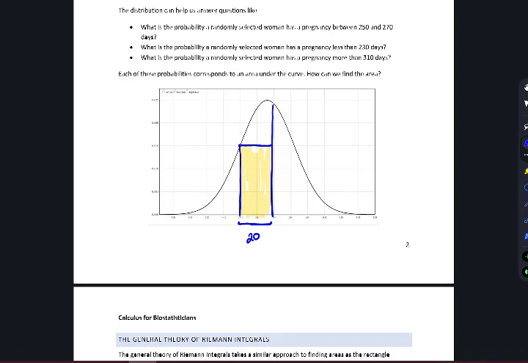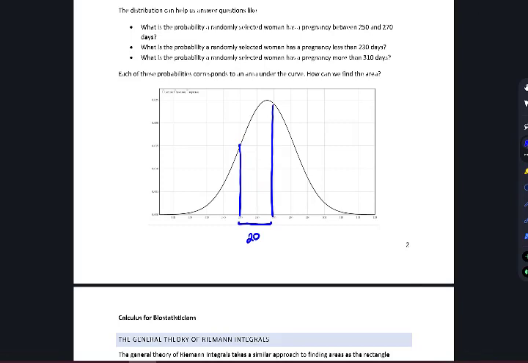And it looks like its height is just at 0.015. So I could find the area of this rectangle by taking 20 times 0.015. But we can see from this picture that using that single rectangle, I'm obviously missing a good piece of area, so that might not be the best way to approximate that area.